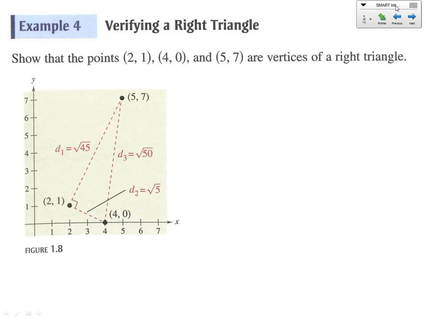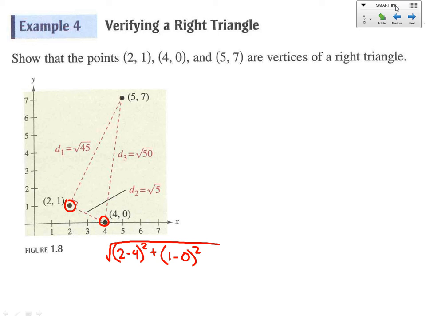Let's go to example 4. How would we verify a right triangle? Same thing: distance formula. We want to say how far all the points are from each other. On this one, what's the distance between, let's start with these two points here? Let's use the distance formula. Difference in the x's, 2 minus 4, plus the difference in the y's, 1 minus 0, squared.